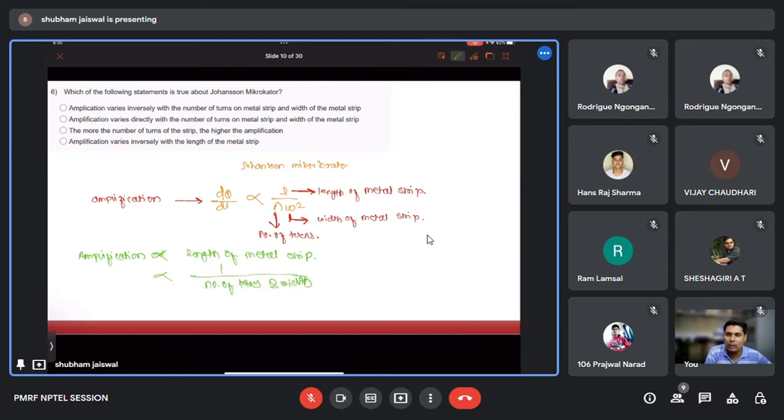So out of these four, which option is correct according to this equation?